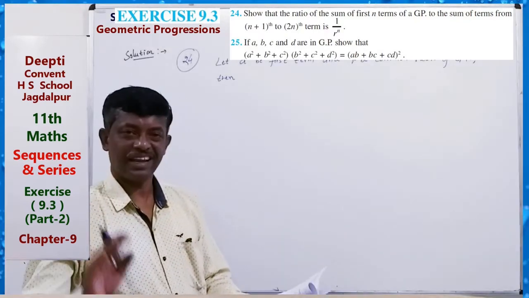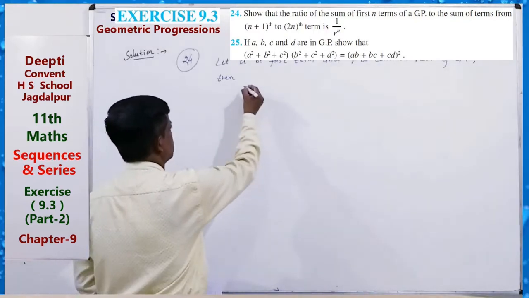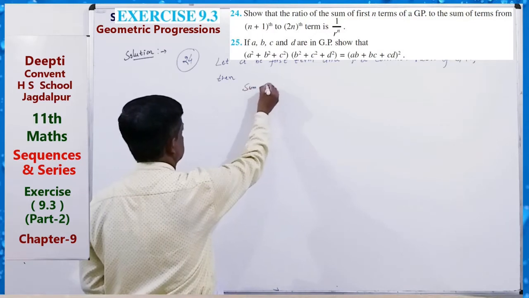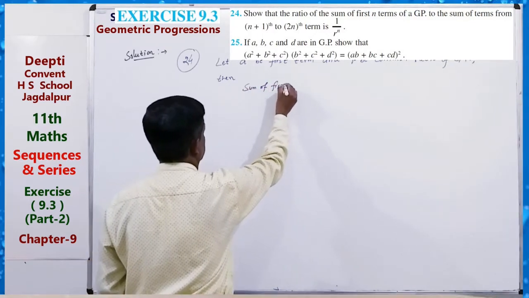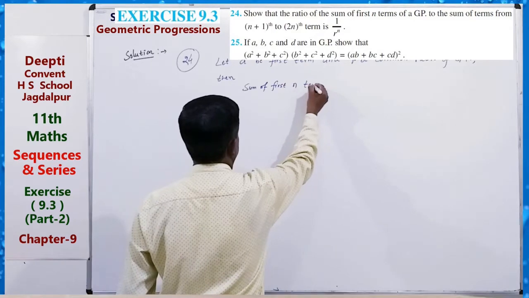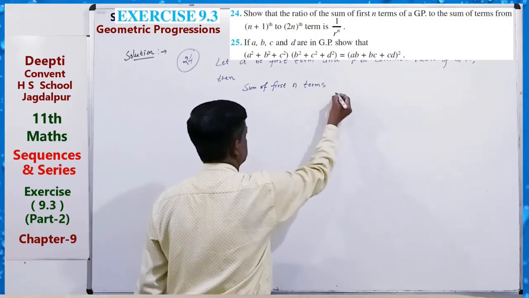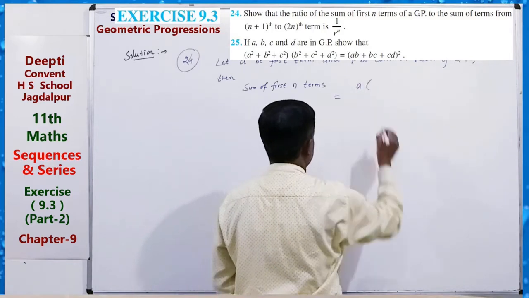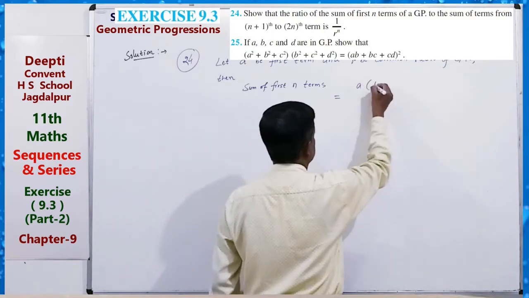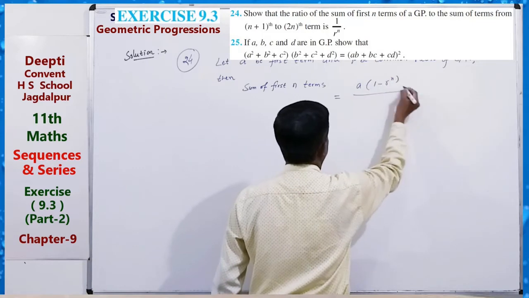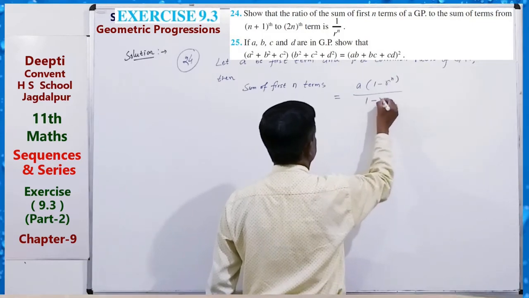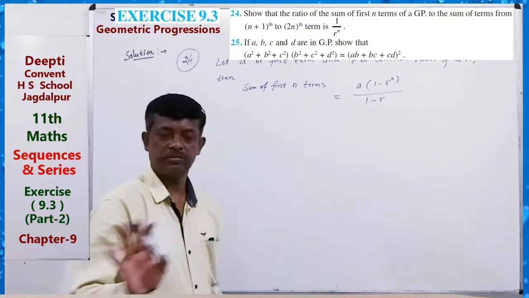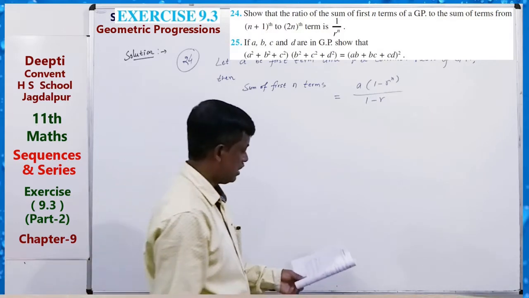The sum of first n terms is equal to what? A into 1 minus r to the power n upon 1 minus r. Clear?